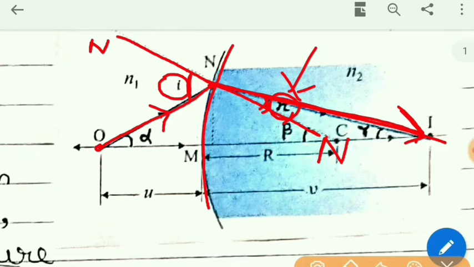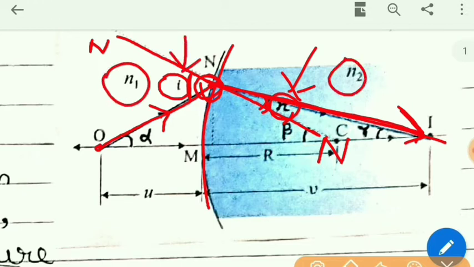And now here we can apply Snell's law. Here at point N, where the refraction took place, we can apply Snell's law. According to Snell's law, we can write n1 sin i is equal to n2 sin r.